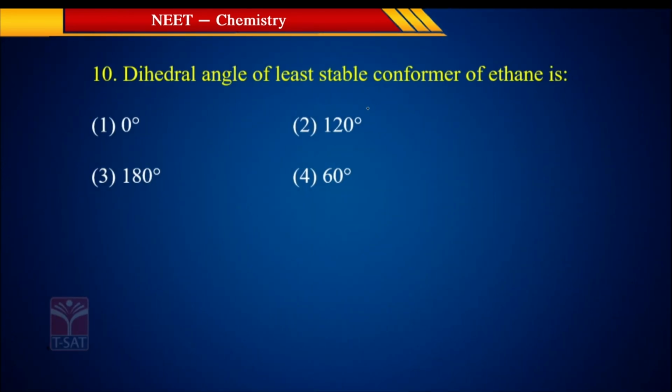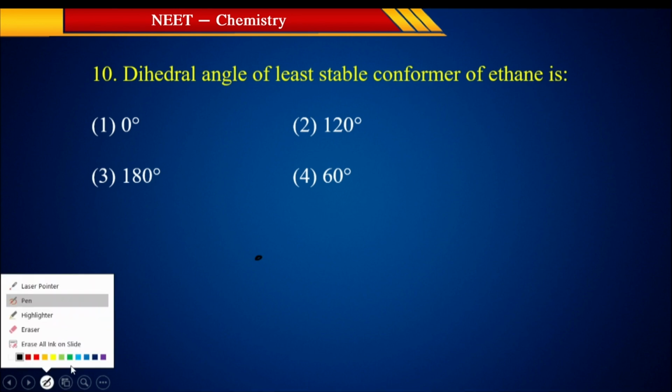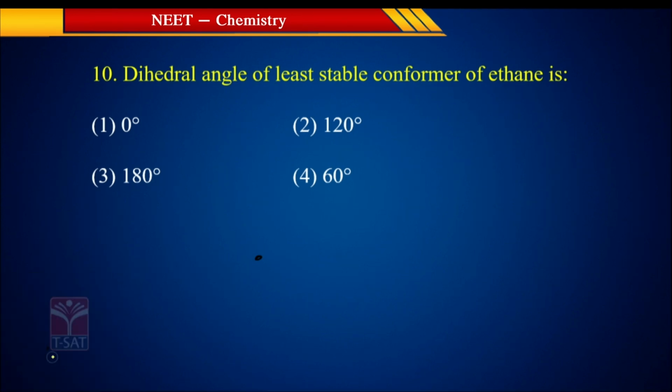Next, the dihedral angle between the least stable conformation of ethane. The least stable conformation of ethane is what? The eclipsed conformation is least stable, right? Eclipsed means the first carbon and second carbon, with hydrogens exactly behind each other.